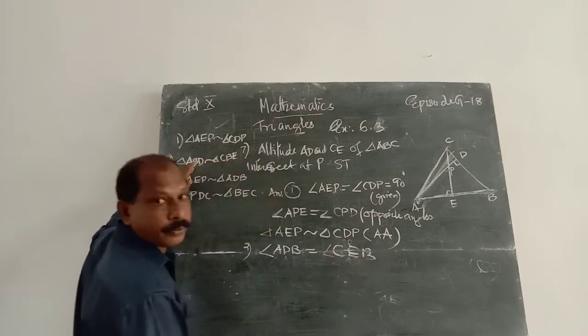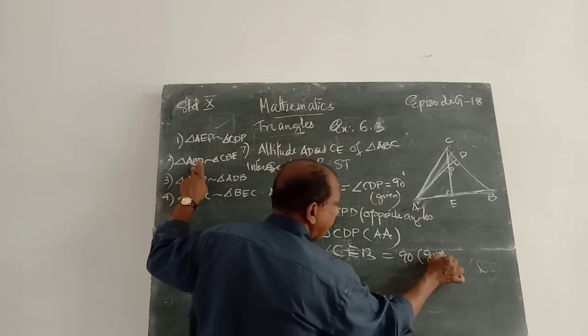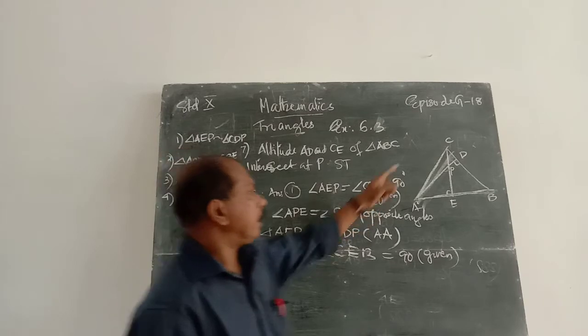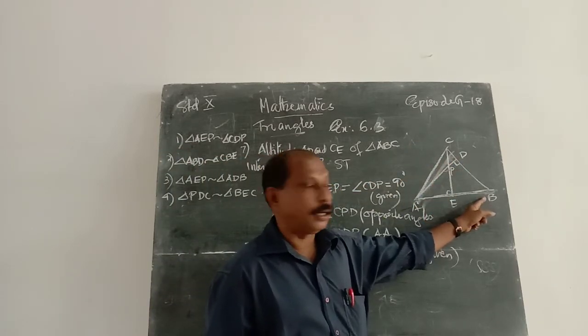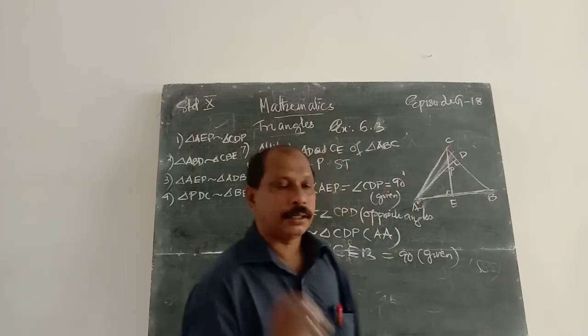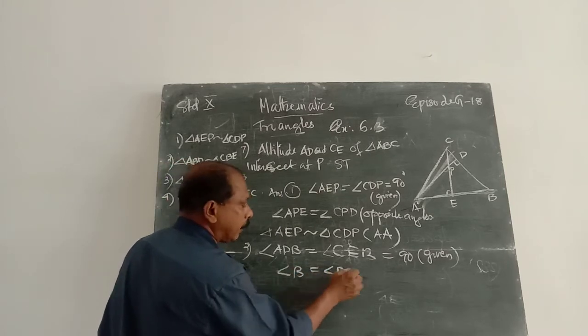CEB is equal to what? 90 degrees. That is given. Then angle B is the angle of triangle ABD, and B is also common to triangle CBE. That is angle B is equal to angle B. That is common.